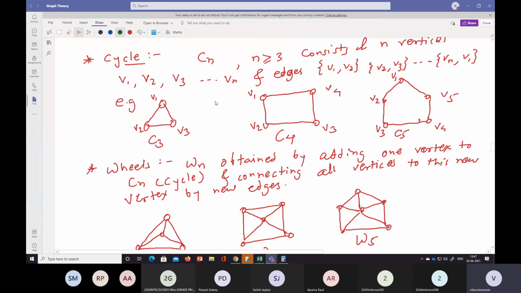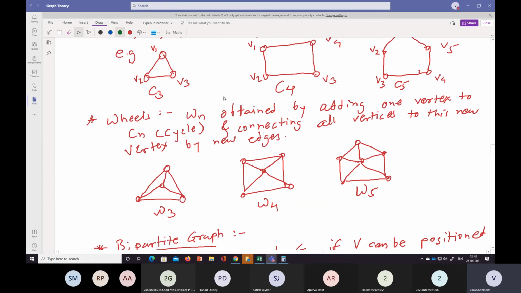Then wheels, Wn, are obtained by adding one vertex to the cycle. We know the concept of cycle. We add a vertex to the cycle, connecting it to all the vertices.